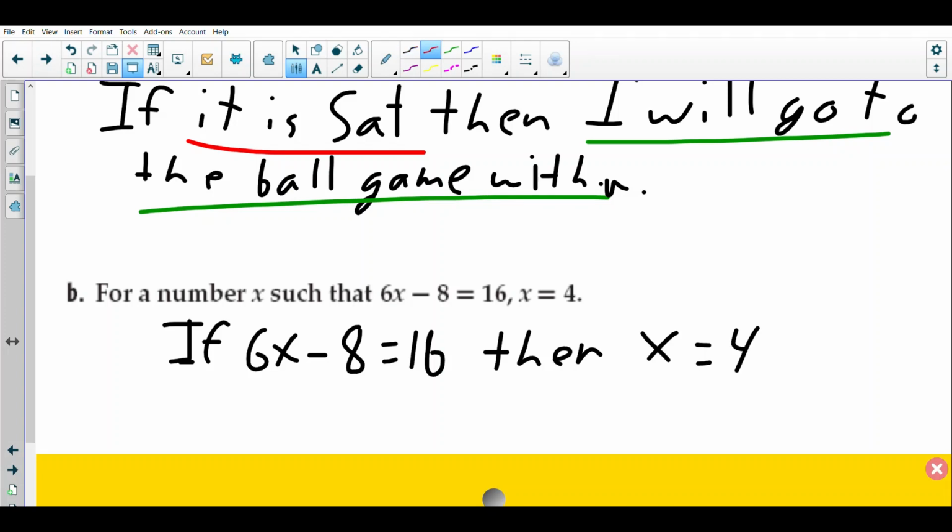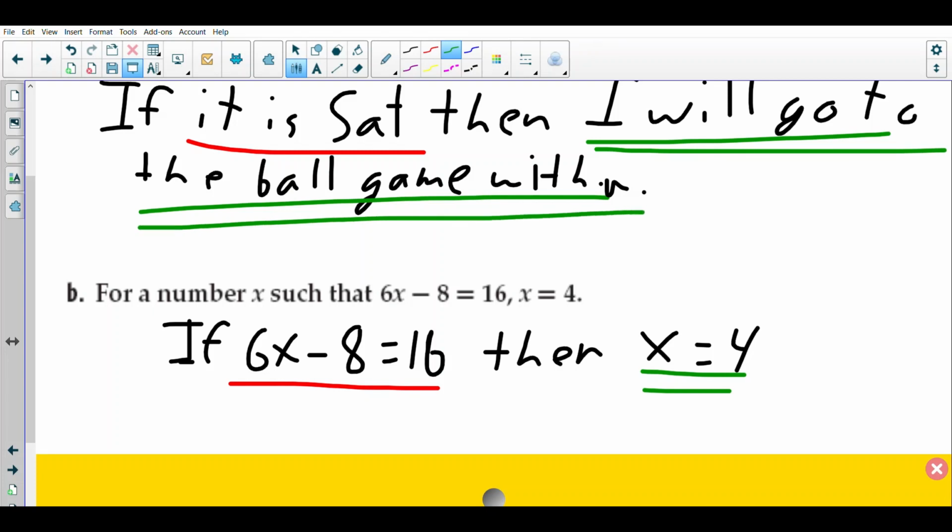Once again, the hypothesis is 6x minus 8 is equal to 16, then x equals 4. I would say it's always easier to set up the if-then first. Always try to think which one sounds a lot more logical. It takes practice to do. I've done this for years. Over time, you will do it.